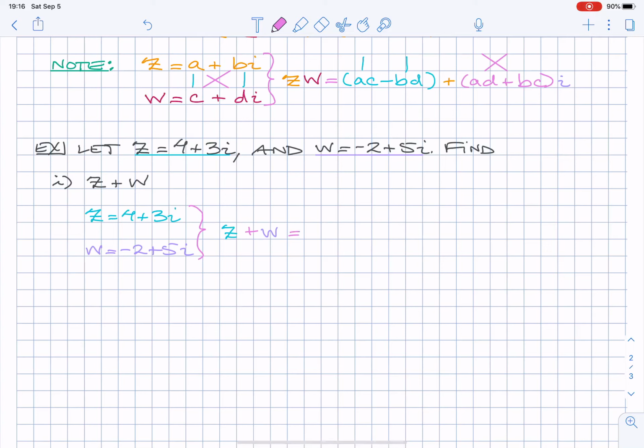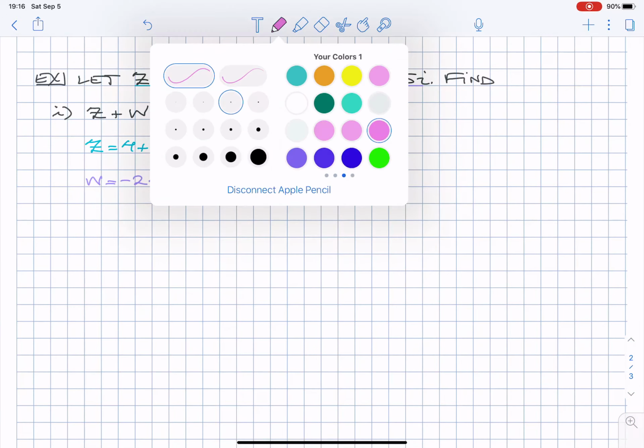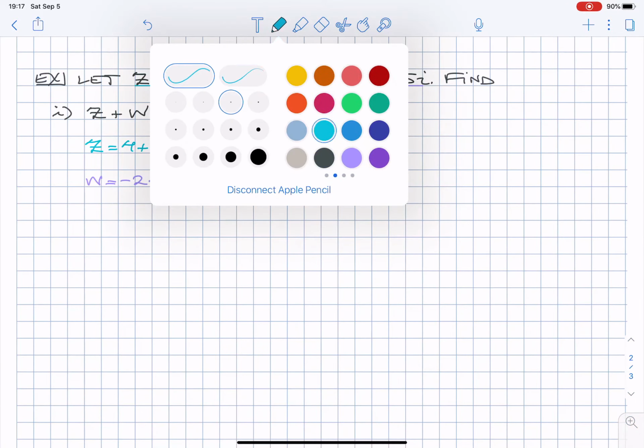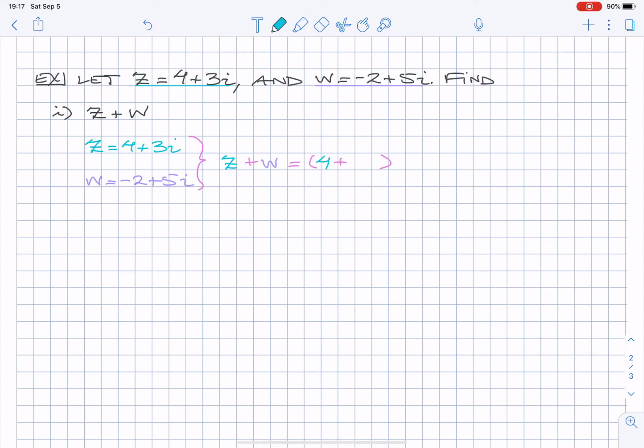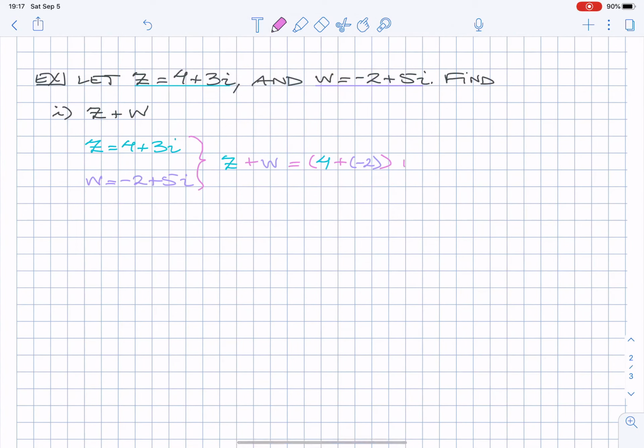So z plus w, all I'm going to do is combine their real parts. So this will be 4 plus a negative 2. And then I can combine their imaginary parts.